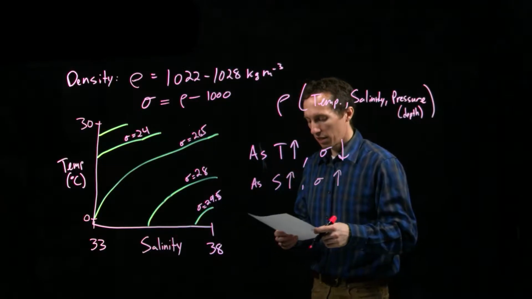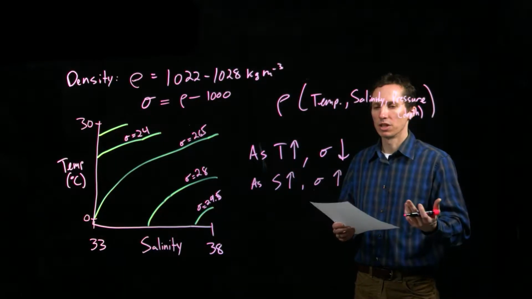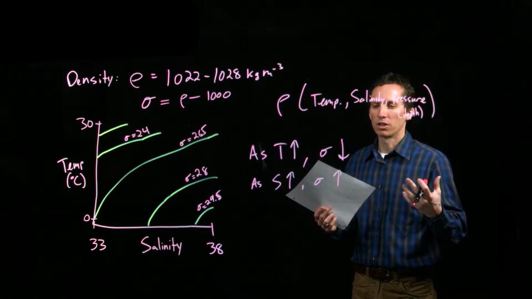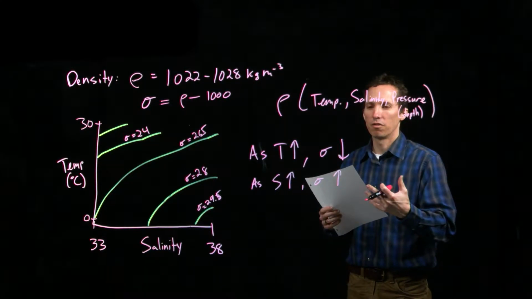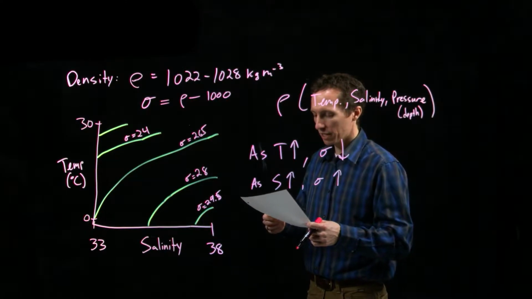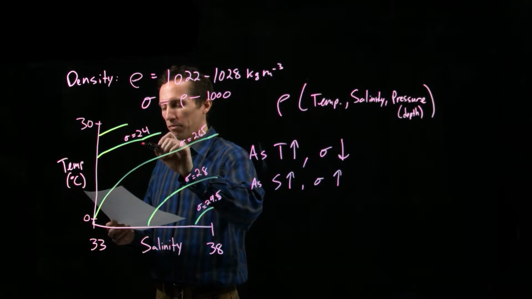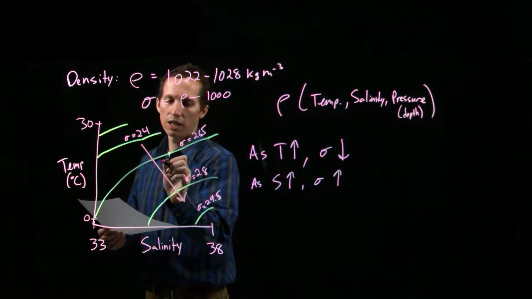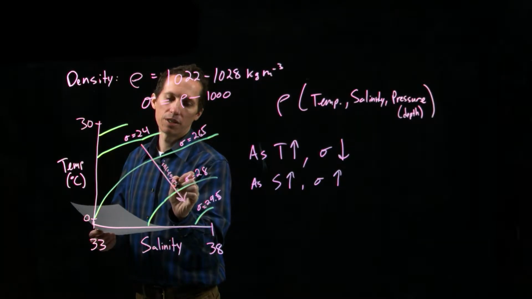That's because there are additional constituents within the seawater. And actually, as you make the water saltier, you get a rearrangement of the water molecules, and that water becomes more dense. And so on this plot, as we move in this direction, we're going in increasing density.